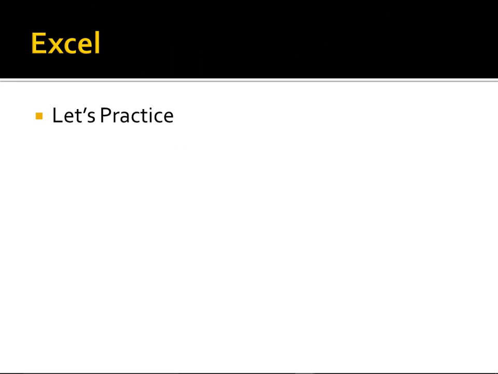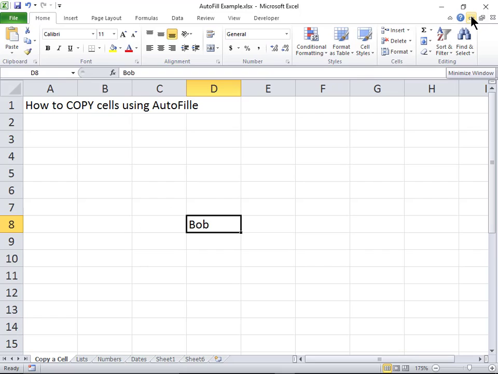So, let's get started. I have typed my name into a cell. And the first part of the autofill was showing you how to copy information. I will copy my name without using cut, copy, and paste.